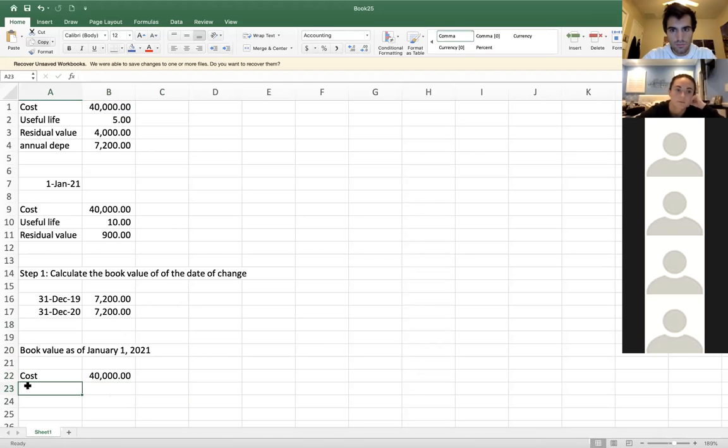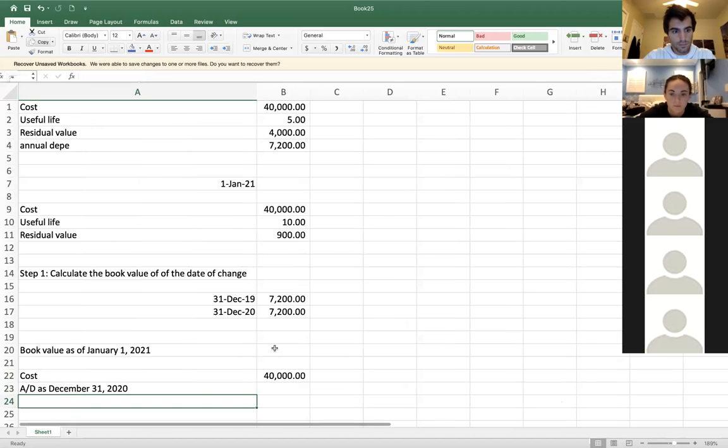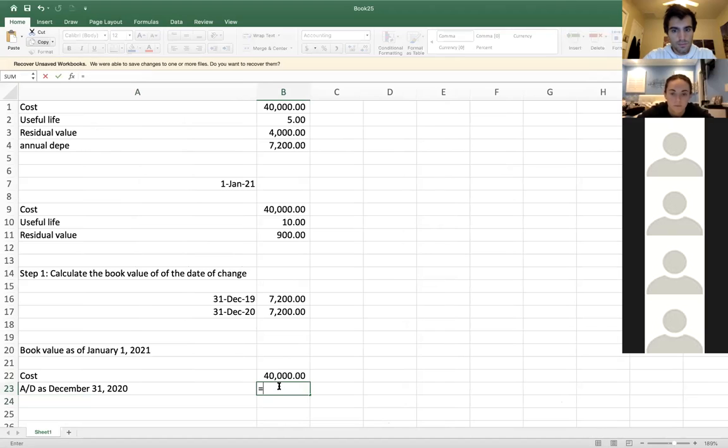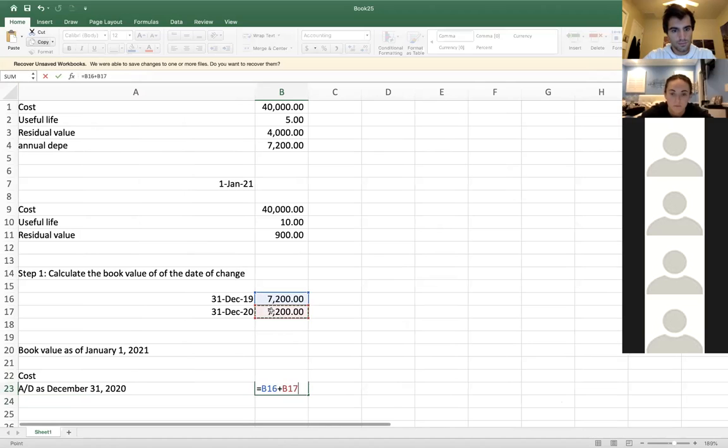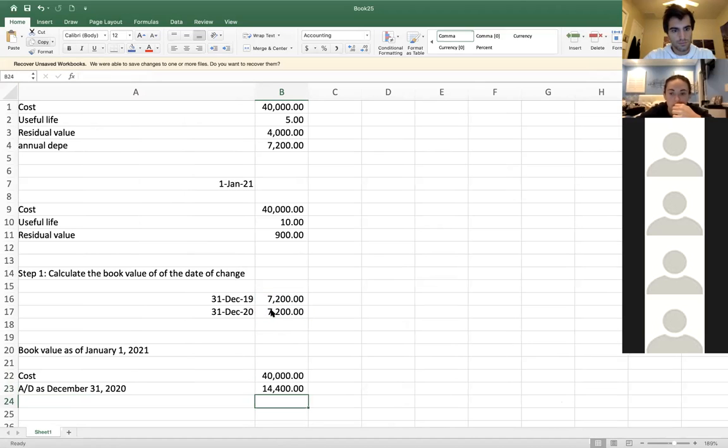And what is my accumulated depreciation as of December 31st, 2020? 14,400. Good. So it's equal to my depreciation from 2019 and 2020.